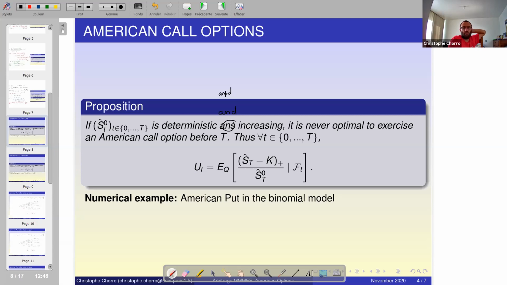Sometimes it will be to sell the option itself, or keep it until the end in order to use the fact that you can capitalize.